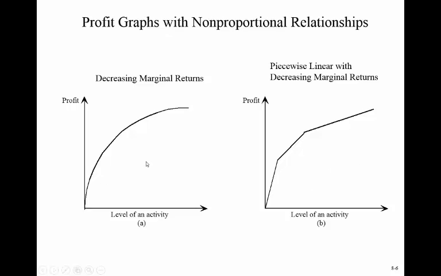And on the left, you've got a nice smooth representation of that. But on the right, you've got what's called a piecewise linear, which says that if you're in this low level of activity, it follows one particular rate, a straight line, but then it changes to a different rate as the level of activity increases. And then the third rate is even lower, and that's what kicks in after you get to a higher level of activity.